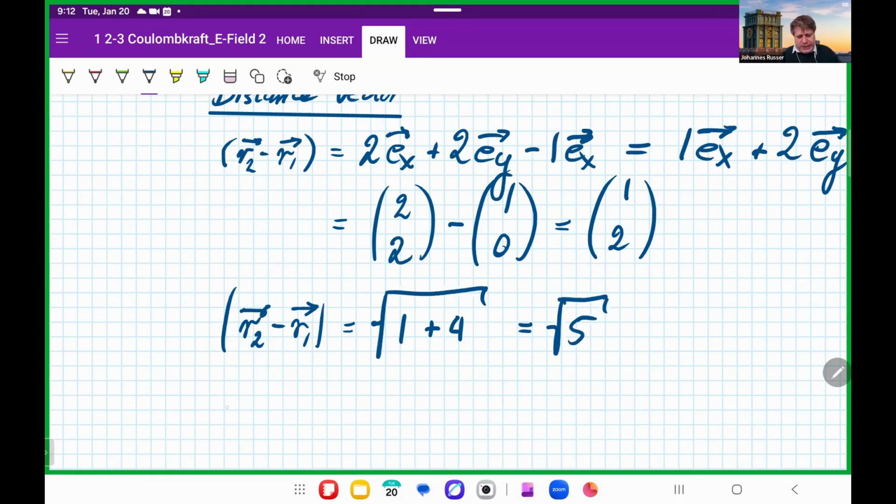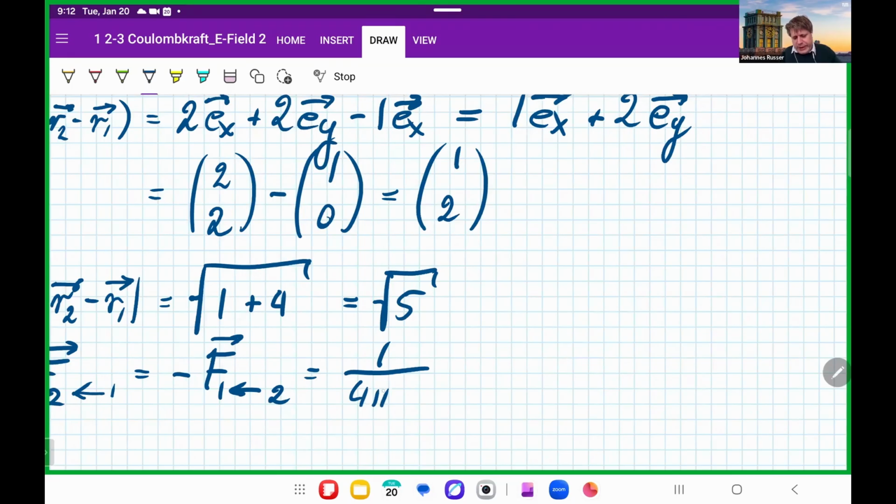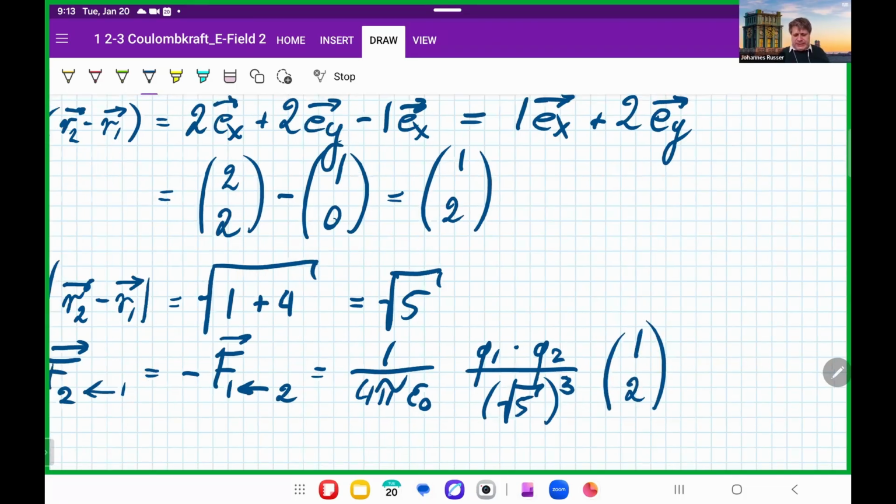And so you obtain the Coulomb force F21. The force on charge 2 is negative to the force on charge 1. And we insert that in what we have written up here. Then that would be 1 over 4 pi epsilon naught, Q1 times Q2 over square root 5 to the power of 3, and here goes our distance vector.